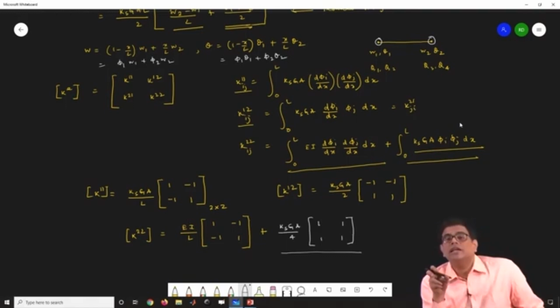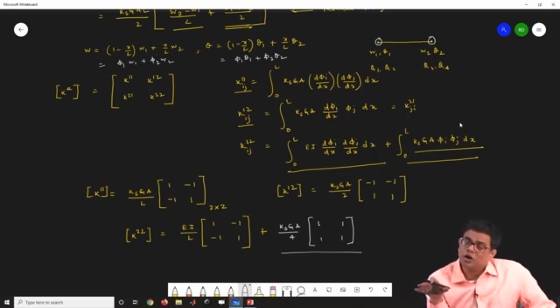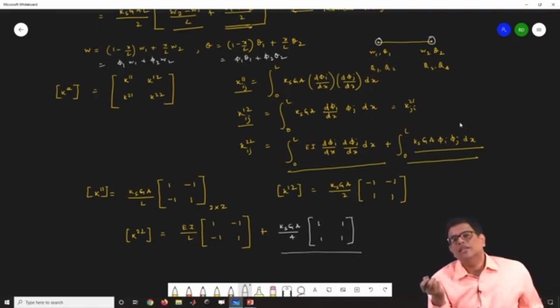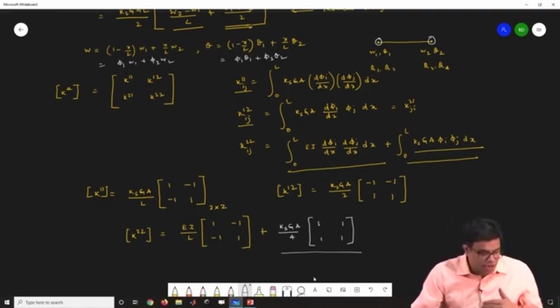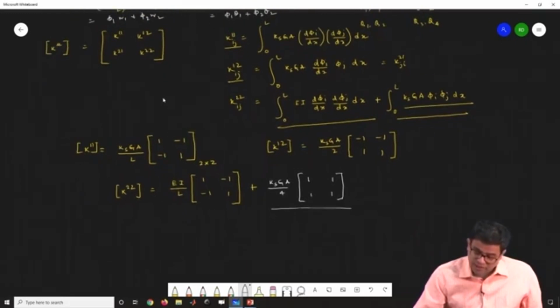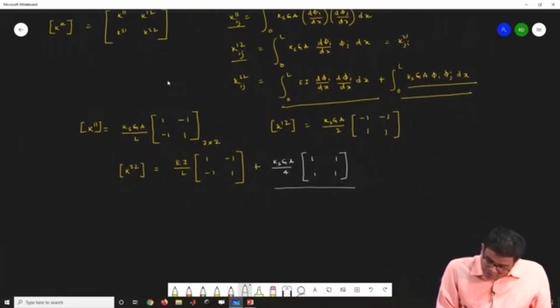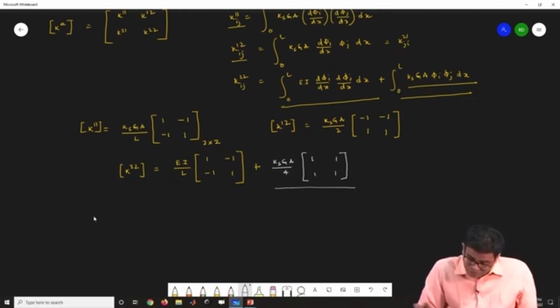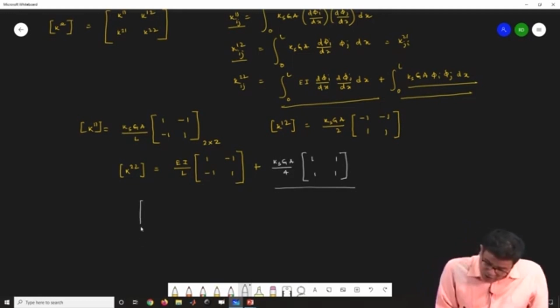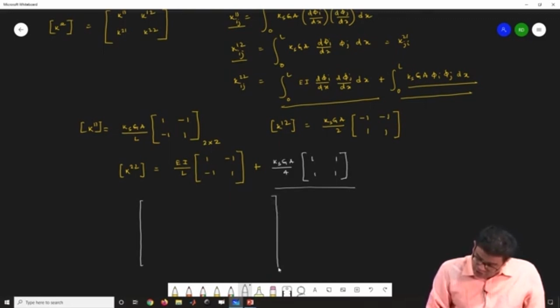In the case of a thin beam, this is very close to the Euler-Bernoulli theory, because dw/dx must equal theta. Now let me write the final stiffness matrix. This is again a 4 cross 4 matrix, but let me write out the variables first: W1, theta 1, W2, theta 2.